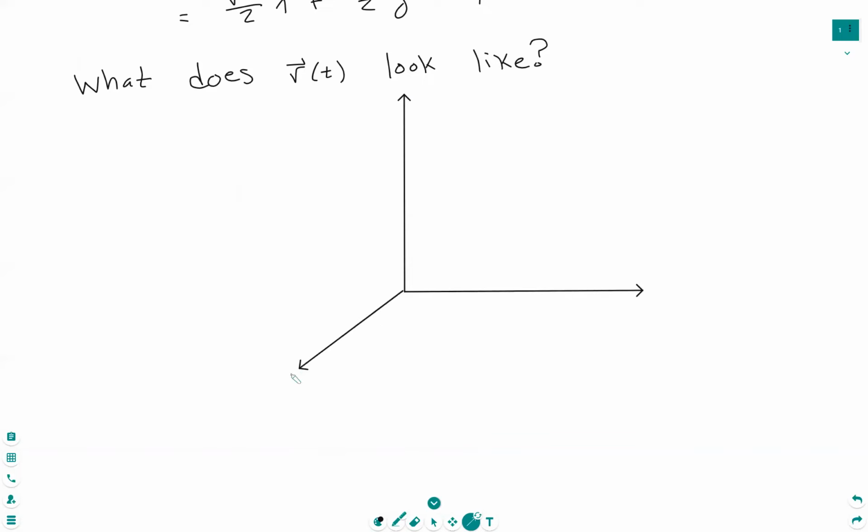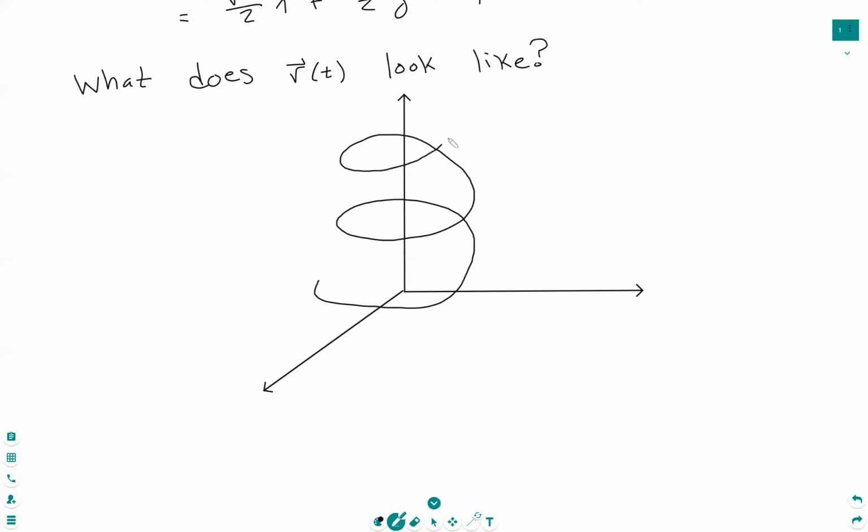There's some questions, and I can answer them as soon as I'm done sketching this guy. All right, so I'm going to try my best at drawing this thing. It's like we're drawing this unit circle, but we're steadily increasing our z component, going in this direction here. This is known as a helix.